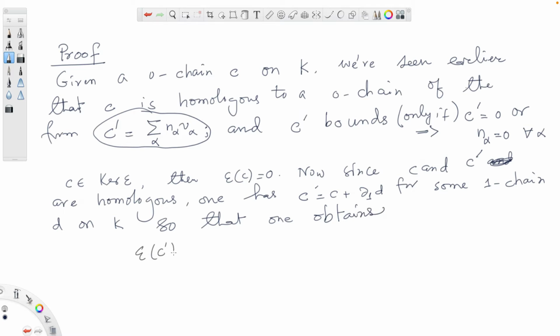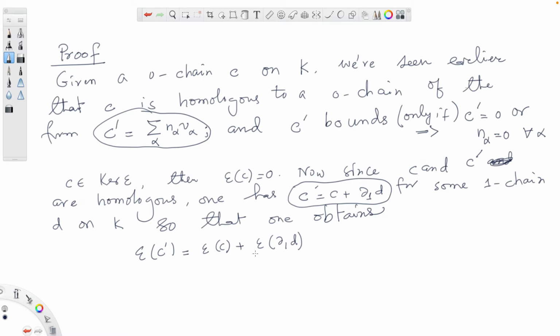epsilon of C prime is equal to epsilon of C plus epsilon of del 1 D. Okay, and we can do this using the linearity of epsilon, since epsilon is a group homomorphism from the group of zero chains on K to the additive group of integers. And using this linearity property of group homomorphism, we can do it.